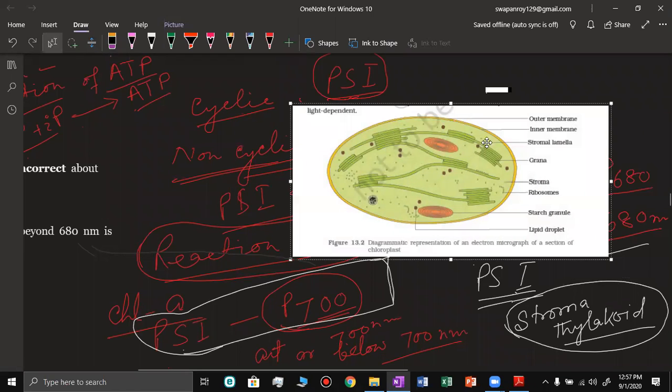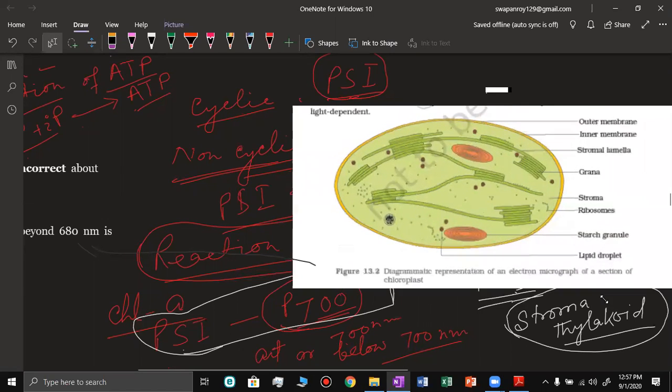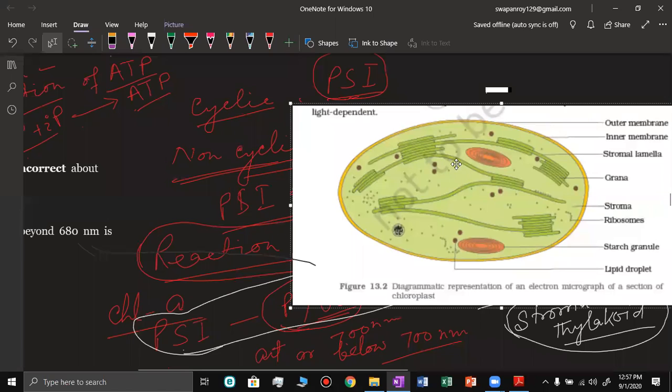See here, this is the structure of a chloroplast, and within the chloroplast these are the membrane system.